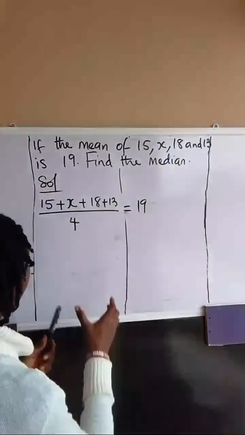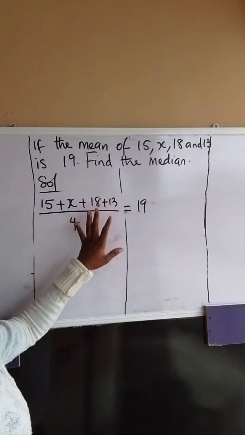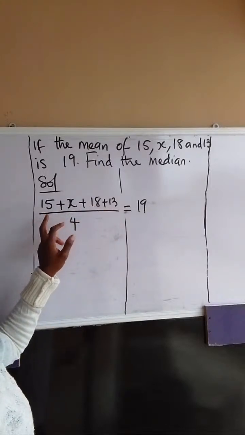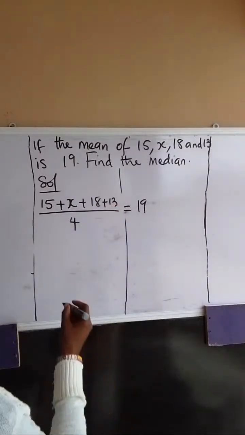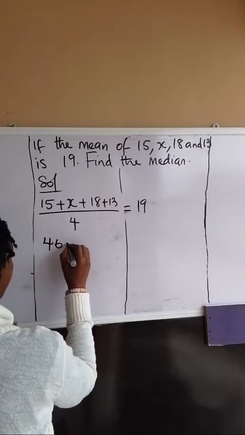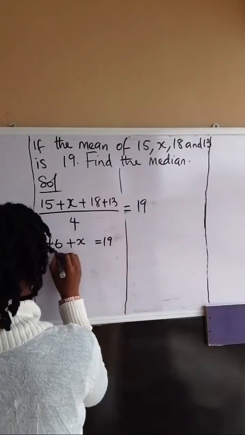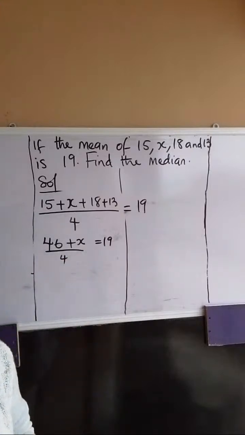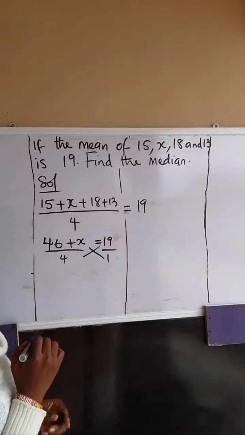So we add together, and when we add 15 and 18 that gives us 33. And 33 plus 13 gives us 46. 46 plus x all over 4 equals 19. The next thing we do is to cross multiply.